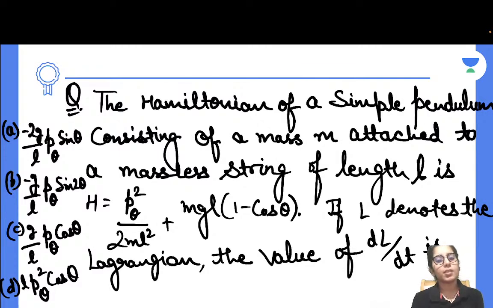So actually guys, in this case, the Hamiltonian is given and you have to find the total time derivative of the Lagrangian. We have already discussed one question based on this total time derivative concept. I think you will be familiar with it now, but not just that. Here you also have to be careful about a few more things.